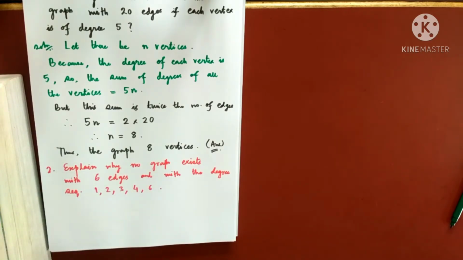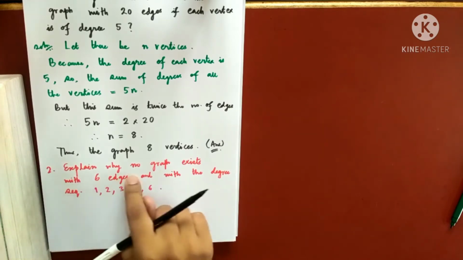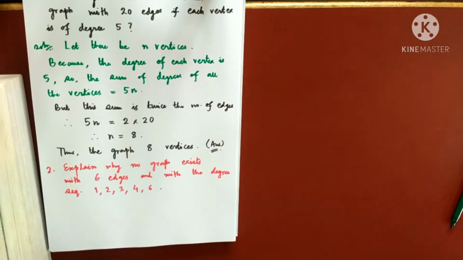First of all, the sum of the degree sequence should be an even number. You know that by the previous theorem. If that is not an even number, we will not even look at the edges, because there is no graph whose degree sum is an odd number. By the previous theorem, the sum is always twice the number of edges, which is an even number.